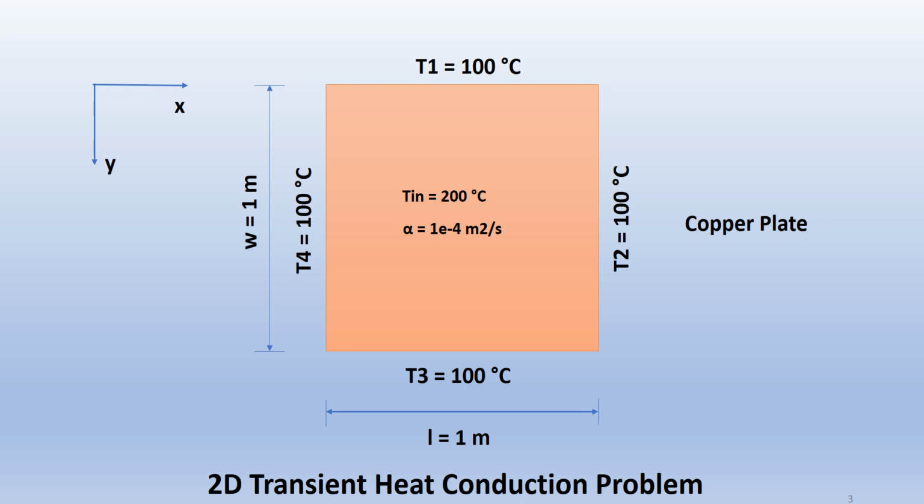At time t greater than or equal to 0, the temperatures at all four sides of the copper plate are maintained at 100 degrees Celsius. Our objective is to find the temperature profile inside the copper plate at various locations with time. The x and y coordinates are shown on the left-hand side of the sketch.